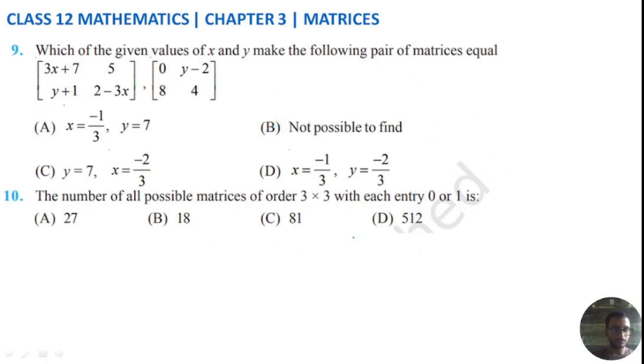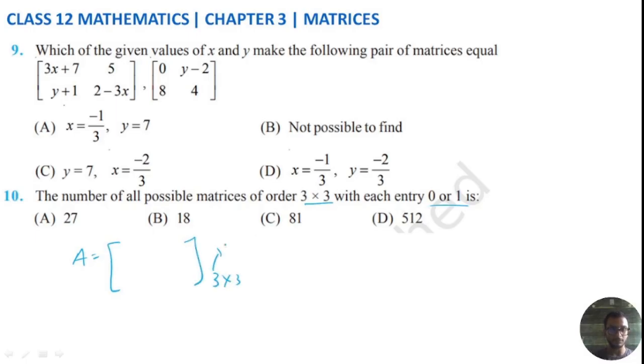Now, the number of all possible matrices of order 3 cross 3 with entry 0 or 1. So we have to find all possible matrices of order 3 cross 3 with each entry 0 or 1. So you tell me how many elements will be there in a 3 cross 3 matrix. What does 3 cross 3 matrix mean?